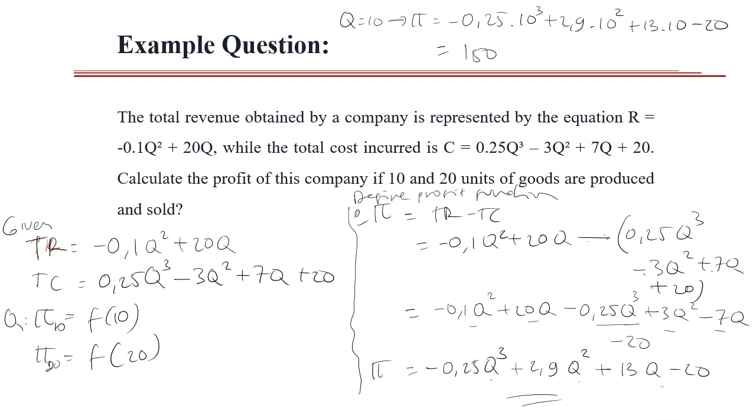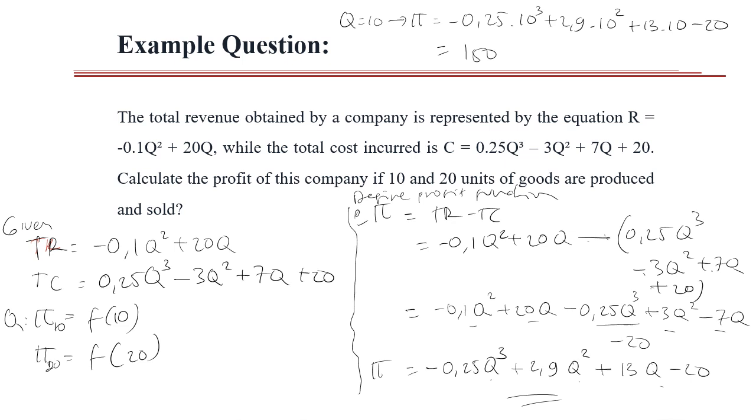Now this is our profit function, and then you just fill in the 10 and fill in the 20 to this q here, then you will find out the answer. So I will do the 10 and the rest is yours. If q is 10, then the profit will be minus 0.25 times 10 cubic plus 2.9 times 10 quadrat plus 13 times 10 minus 20.